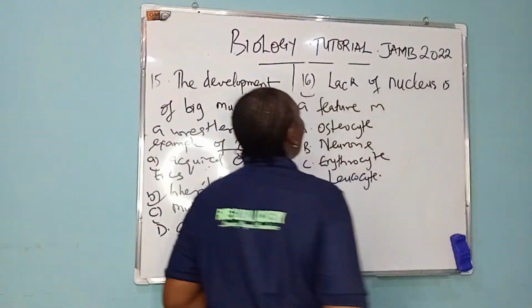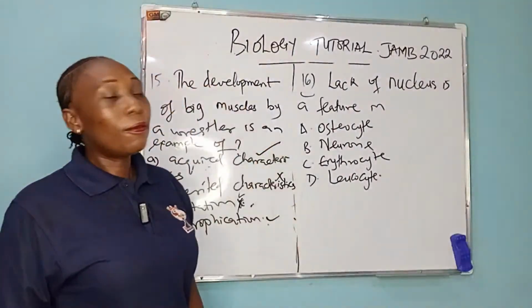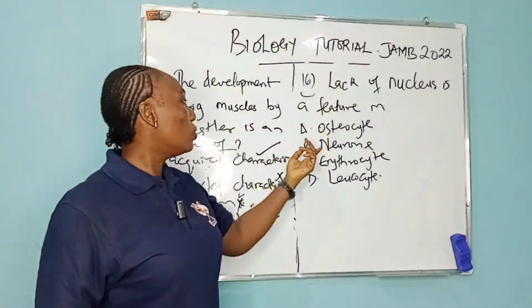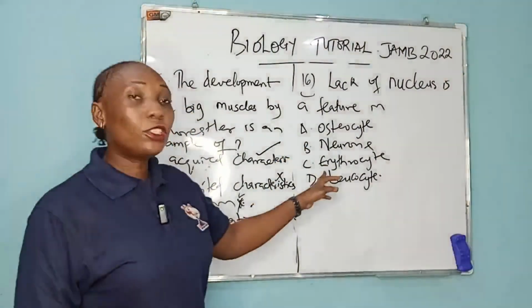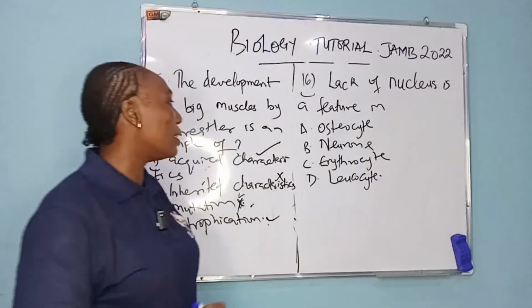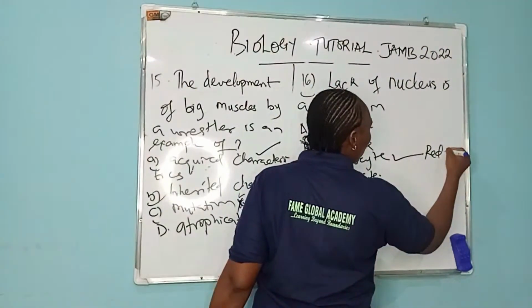Let me take the question again. Lack of nucleus is a feature in A, osteocytes, B, neuron, C, erythrocytes, D, leukocytes. The correct answer here is erythrocyte, which is red blood cell.